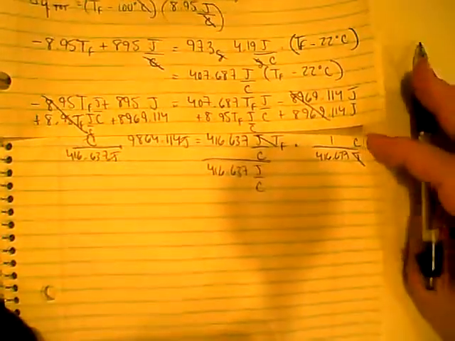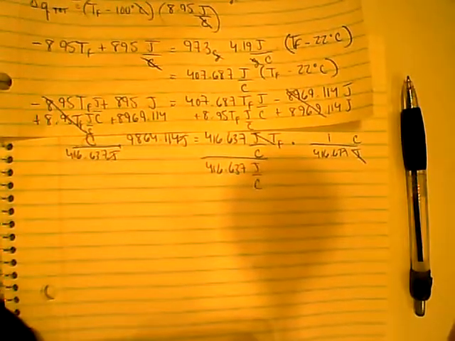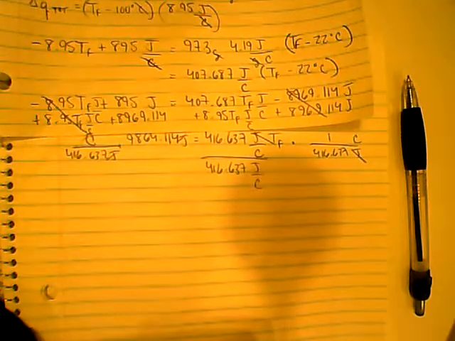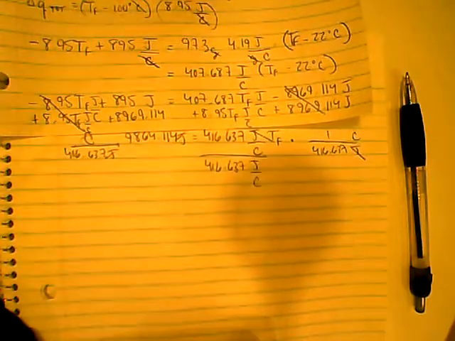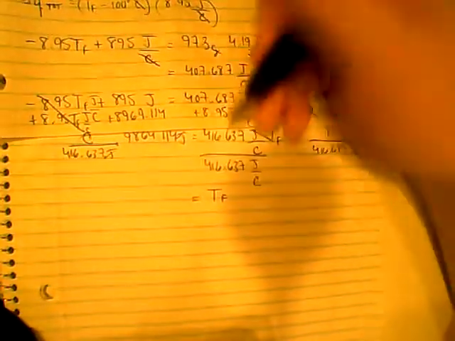If we do the same thing over here, times 416.637 joules on the bottom, those will cancel, and degrees are left on the top, so I'm going to end up with the degrees that I'm looking for. So I've got 9864.114 divided by 416.637, and I end up equal to my temperature final, because I've canceled everything else.